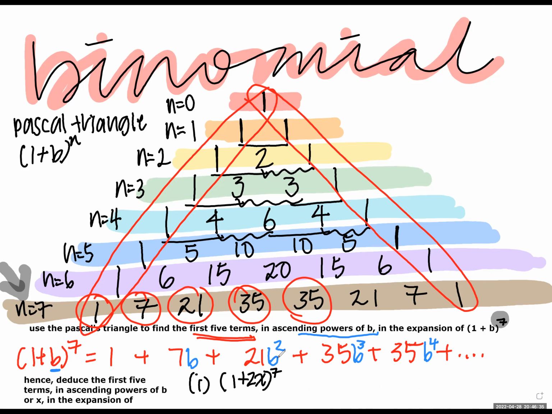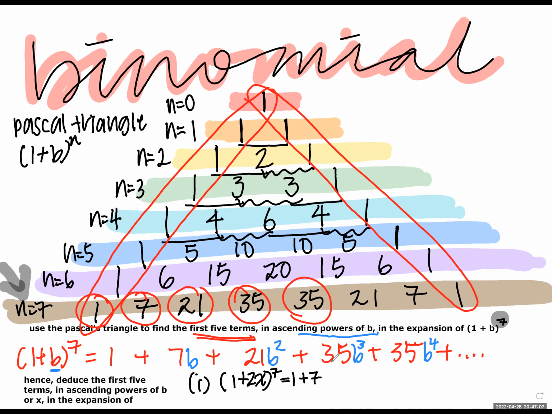Applying the same logic: 1 plus 7 plus 21 plus 21. What do we have to do? The same thing as what we did just now.